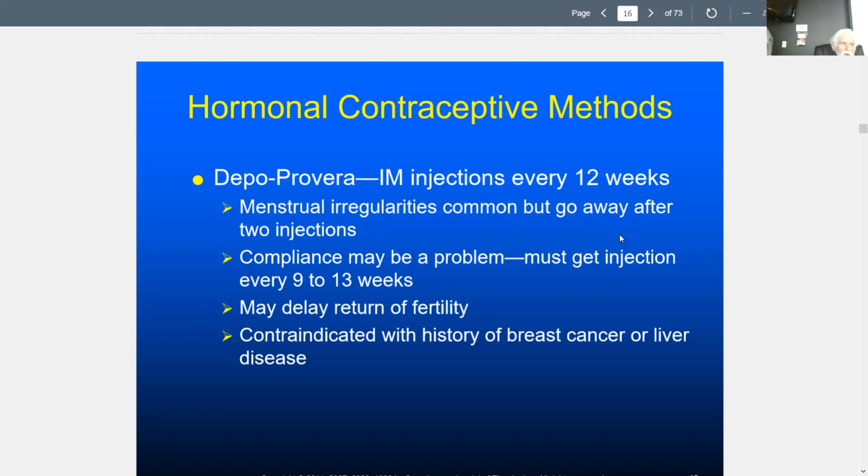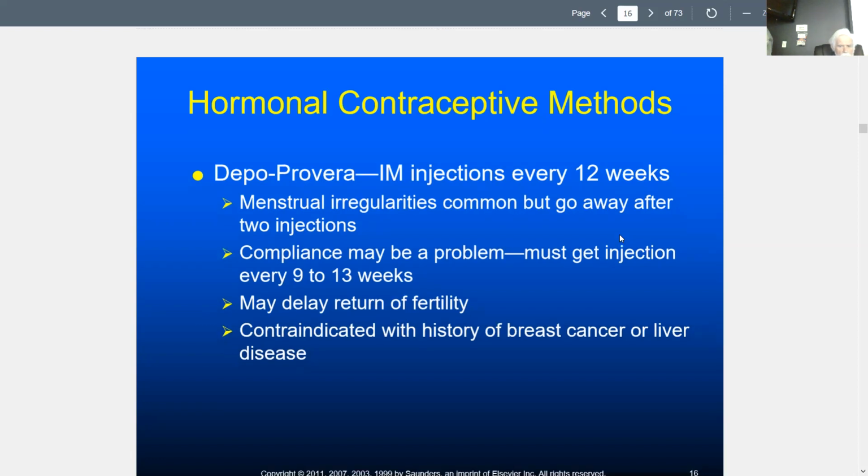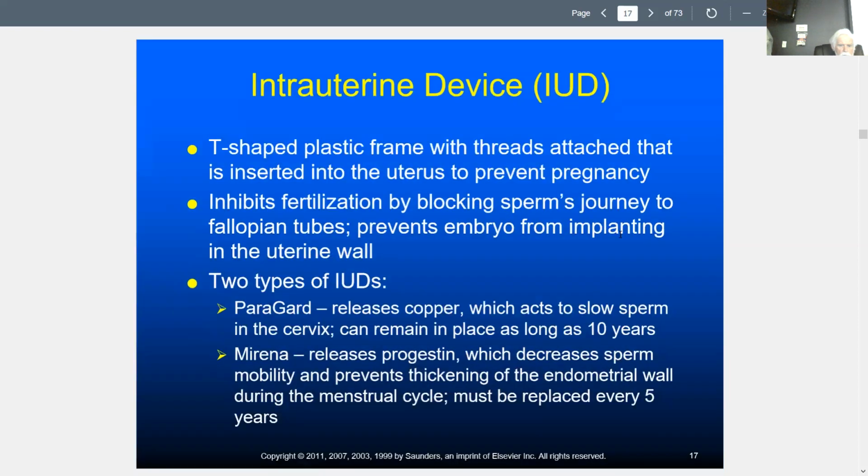If you can take Implanon, super. If you don't mind going in for that shot every 3 months, well, it says 12 weeks now. It's a 3-month injection.